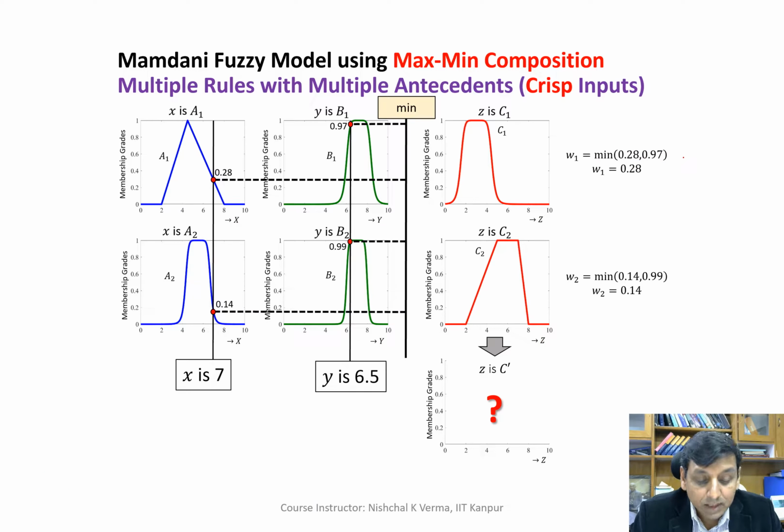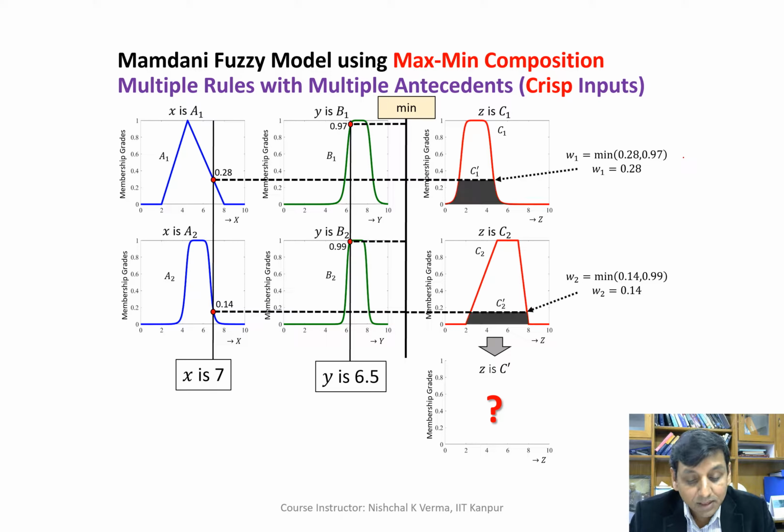So here we see that W1, which is the strength of this rule, is 0.28, and with this value 0.28 we truncate C1. C1 is the consequent part, so we truncate here.